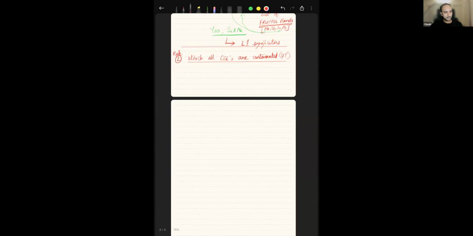Okay. So second, finding the L2 significator. That's basically rule 2. So which all CSLs are untenanted? First, let's say this is step A. Which all CSLs are untenanted? What is the answer? Which all CSLs are untenanted on this chart?